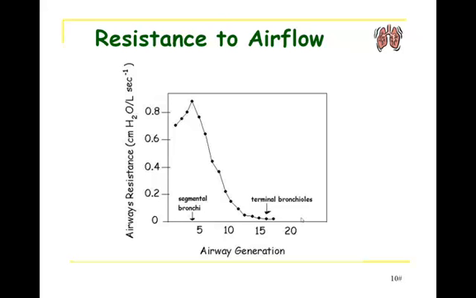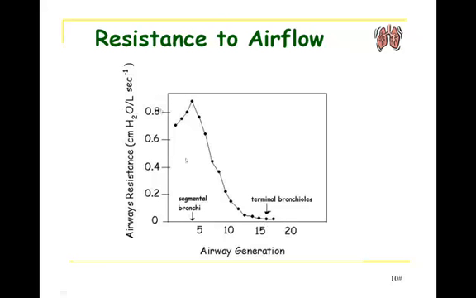Flow is delta P over R, where you say, well, if resistance is really high, then flow should be really low. But resistance is not an issue. Notice, resistance is really low when you get in here because, when you think about it, in the gas exchange areas, it's the laws of diffusion that apply.